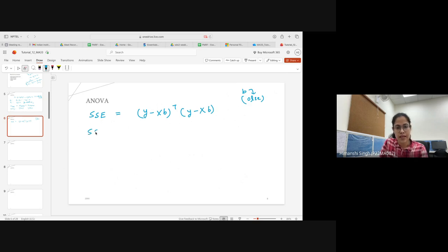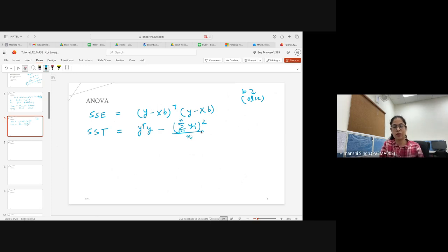Now we have due to regression, SSR. First of all I will write SST. The sum of squares total is y transpose y minus (summation yi) whole square divided by n. Here n is the number of observations.